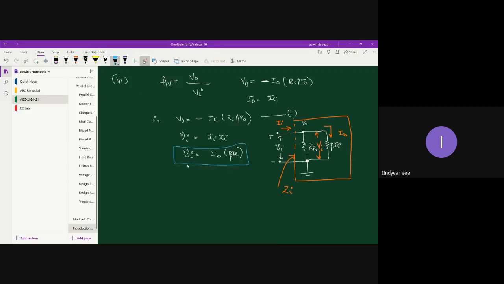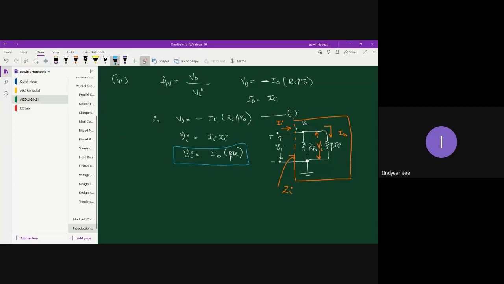I want to take this particular expression because when I divide the two expressions, in the numerator I have IC and in the denominator I get IB, so that I can take the ratio IC by IB as beta. If I were to take the input current as II, then I cannot write a straightforward expression for IC by II, because there is no expression which defines that ratio.